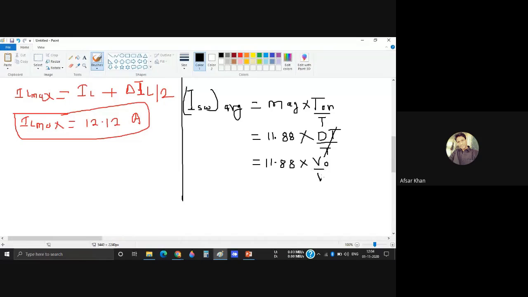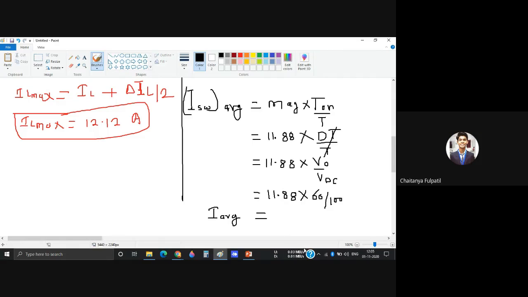Duty ratio is V naught by VDC. Tell me the answer. 11.88 into V naught is 60. What value did you get for I average?